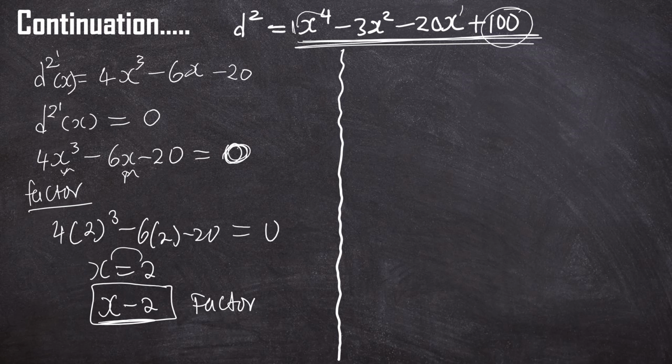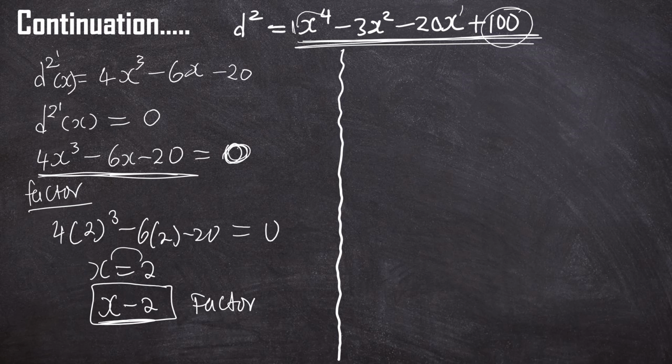Okay, so if we want to factorize this, we now have one factor, which is x minus 2. Now we have to find the remaining factors. The other tricky part of this question is that your expression does not have another term. It's missing just one term. That will be very important when we factorize.